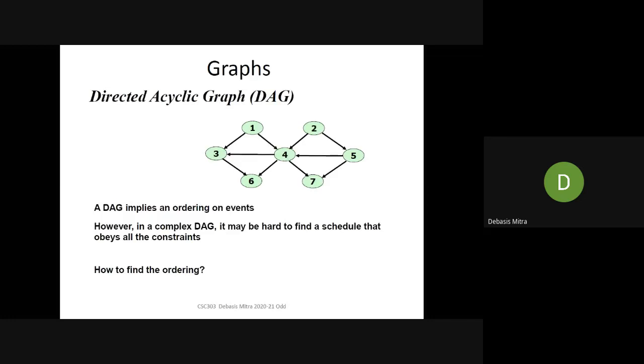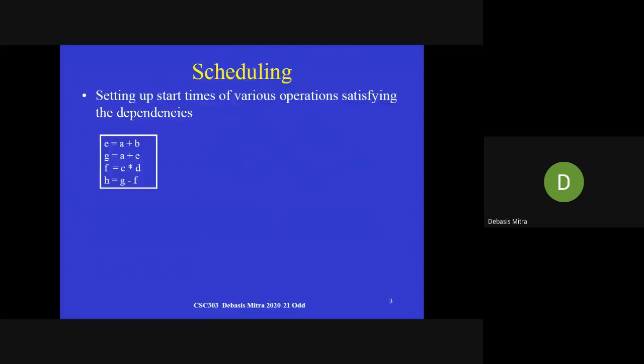Okay. Now we'll find there are many applications where we can represent the relationship between the entities involved in that problem using a DAG. And here the nodes, we need to order the nodes in order to solve the particular problem in a manner which is called topological sort. So let me motivate the topological sort with a very popular problem like scheduling.